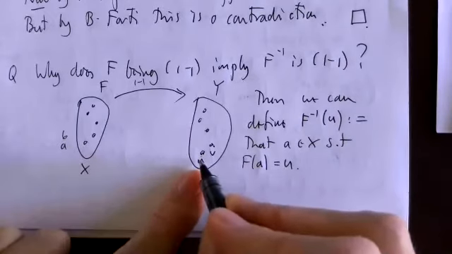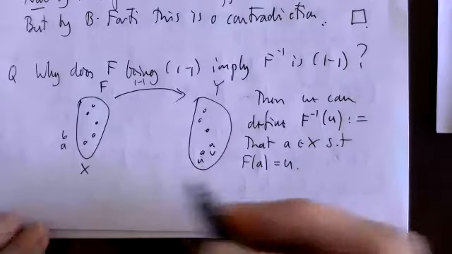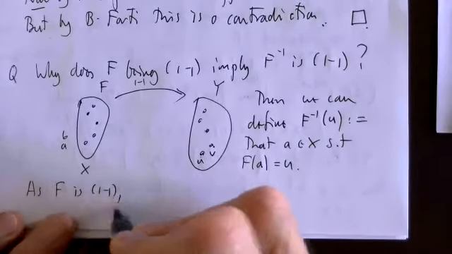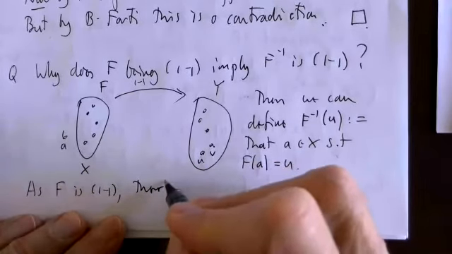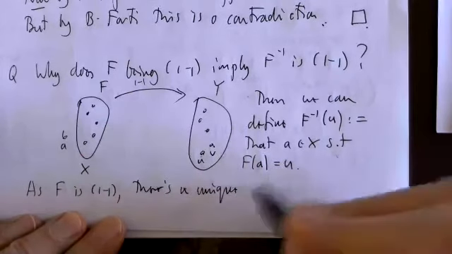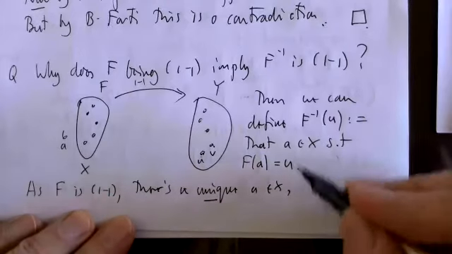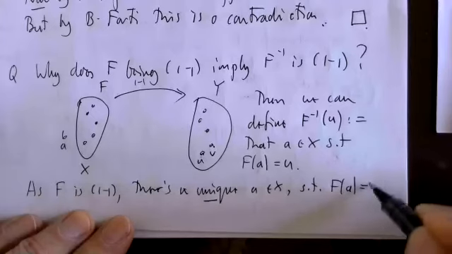So the inverse function, f to the minus 1, is well defined. As f is 1 to 1, there's a unique a in x so that f of a equals u.